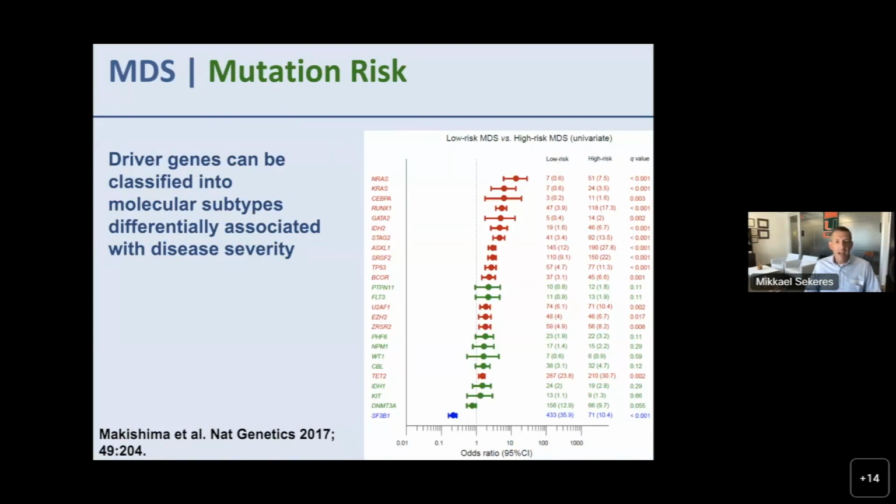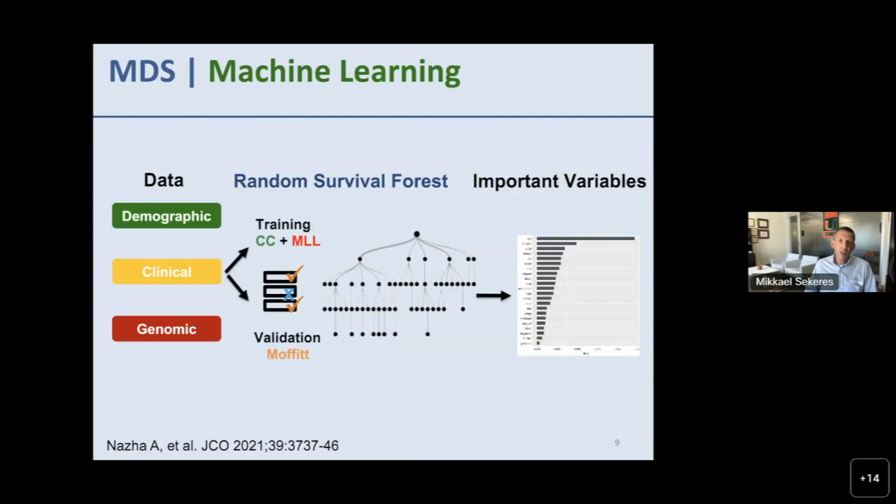Those patients who have an SF3B1 mutation have a very good risk, whereas patients who have any other mutation have either an intermediate risk or poor risk disease, with particularly poor risk mutations including those with RAS mutations, RUNX1, ASXL1, TP53, BCOR, etc.